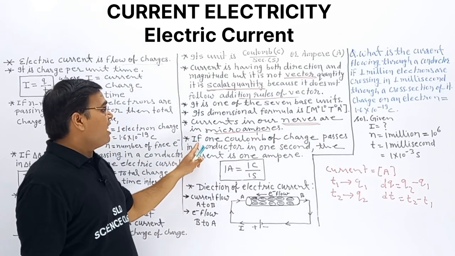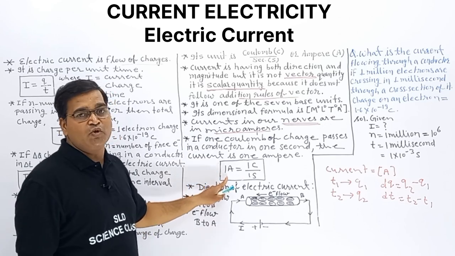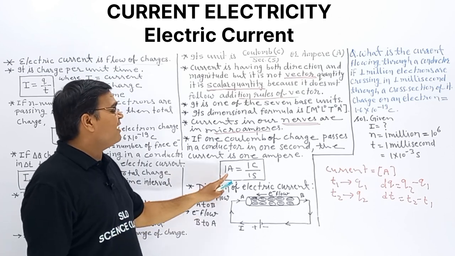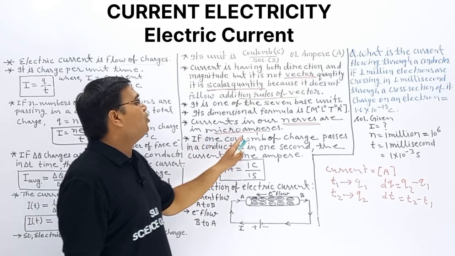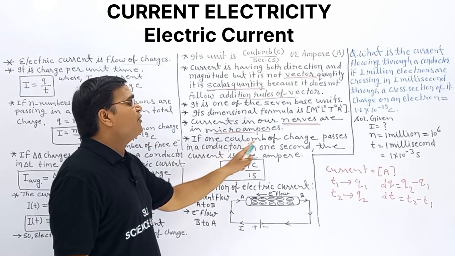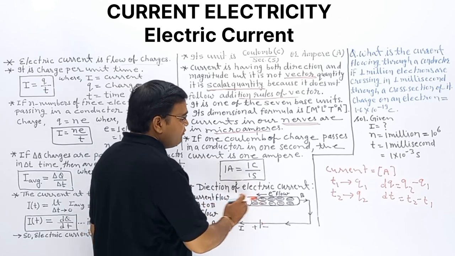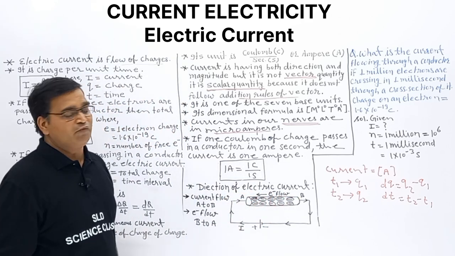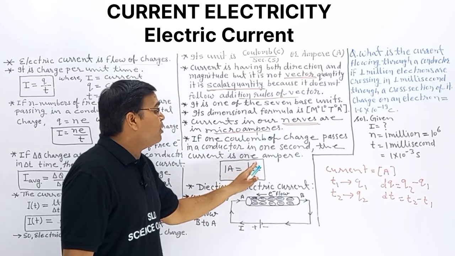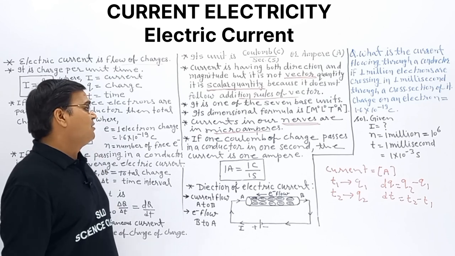Clear? Now how will we define 1 ampere current? We know ampere is the unit of current, but how do we define 1 ampere? If 1 coulomb of charge passes in a conductor in 1 second, that is called 1 ampere.